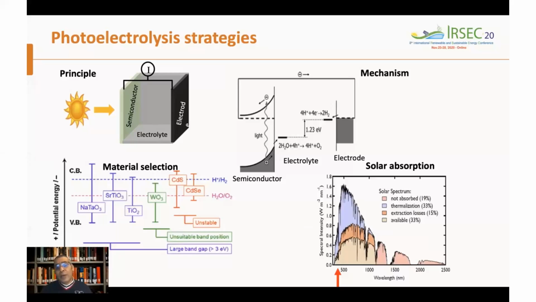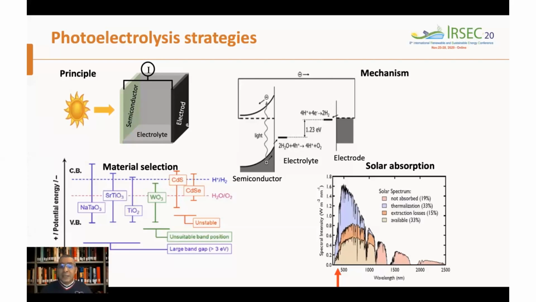But the wide band gap of titanium dioxide is about 3.2 eV, which yields absorption of only UV light, which accounts for only 4 to 5% of total sunlight, which is not sufficient to produce a highly efficient photocatalysis reaction.